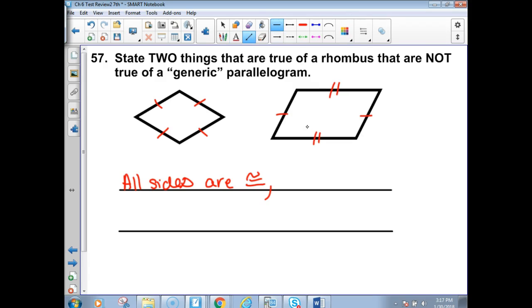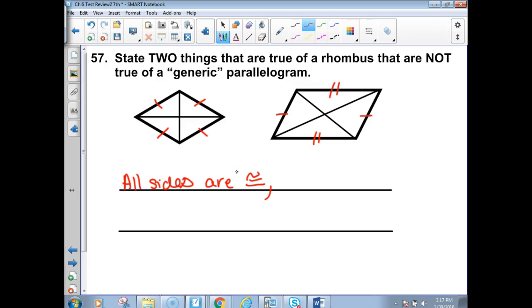Now the diagonals of a rhombus are special. They are perpendicular. They aren't in this figure. So diagonals are perpendicular. That's true. There's one more I'd like to think of that most kids would probably choose.